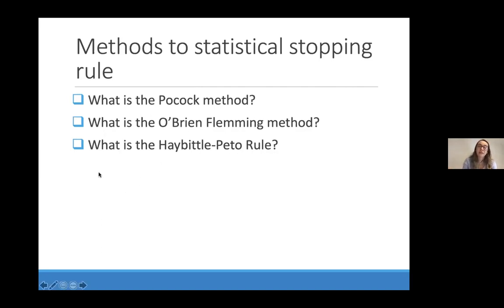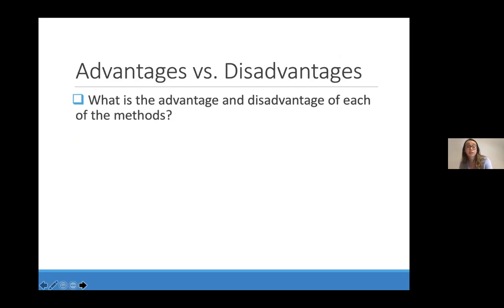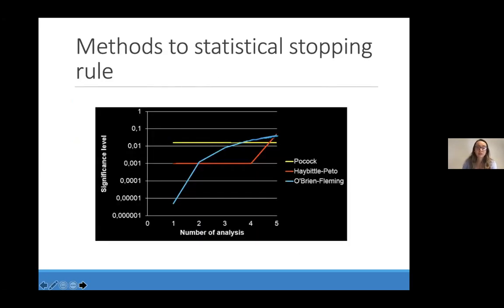So all the methods have different ways to deal with the alpha function, and all the methods have some advantages and some disadvantages. As you explain how the methods work, we can talk about the advantage and disadvantage together. And I just put here exactly what you said in this graphic, right?